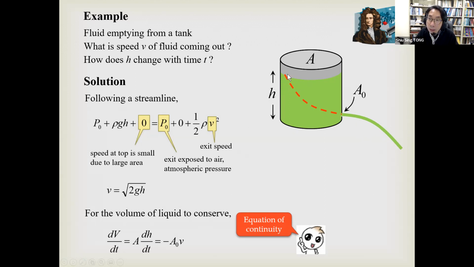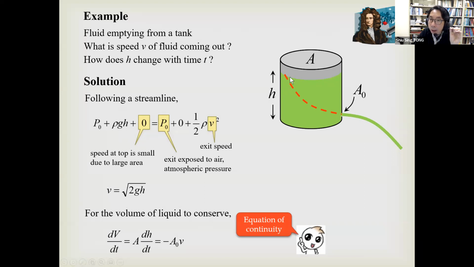Now, on the surface of the water, the pressure is equal to the atmospheric pressure, so we have P naught. And since the surface of the liquid is at a height h above the base, we choose the reference position of the potential energy to be at the base. So the potential energy term will be rho gh.